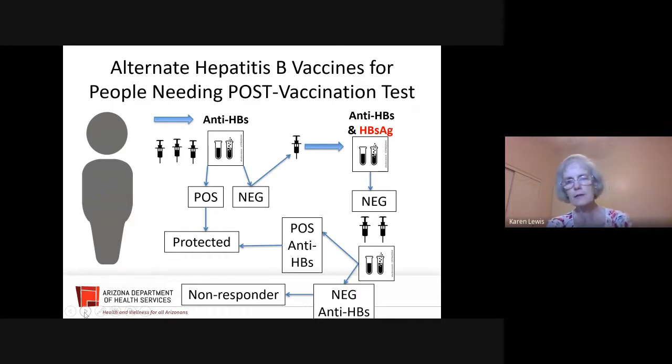And then, if they're antibody positive, they're protected; if antibody negative, they're a non-responder. So let's say you have a healthcare worker who's a non-responder. Then if they get exposed to blood or body fluid, especially from someone who's hepatitis B positive, hepatitis B immune globulin is often recommended.